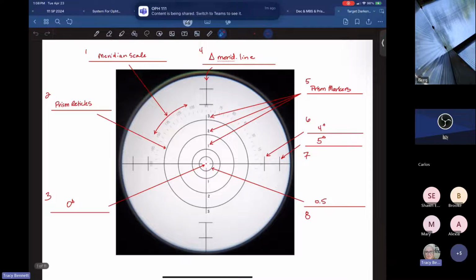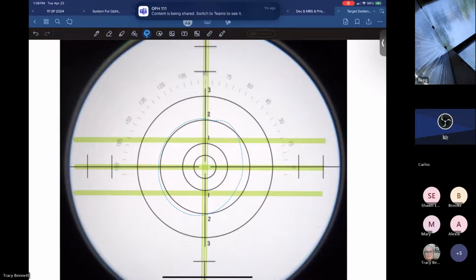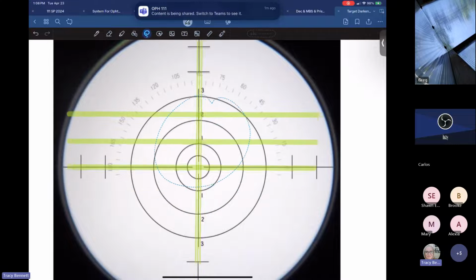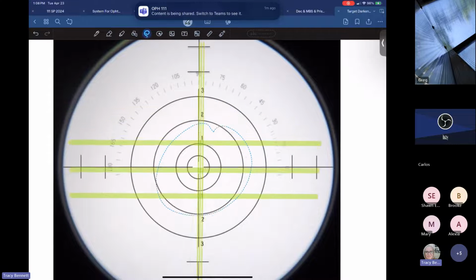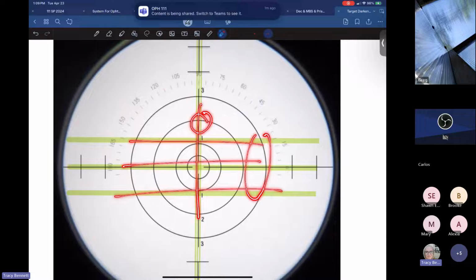Whenever you move away from the center of this target, you are inducing some amount of prism. Right here, we're centered at the very center of the target, and just to refresh your memory, there are the sphere lines and the cylinder lines. The 3 little thin lines are the sphere lines, and the 3 thick ones are the cylinder lines.